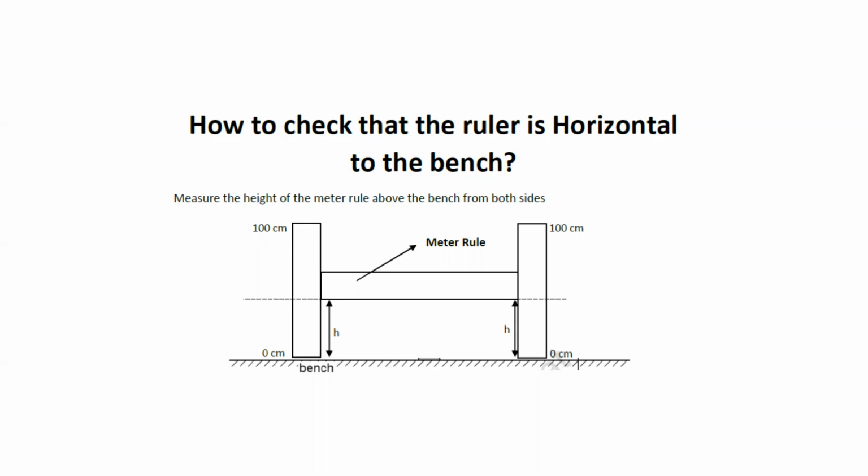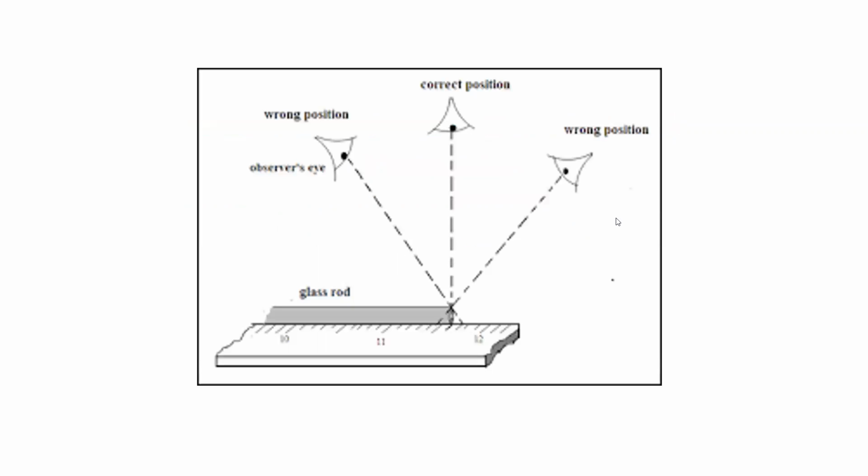But when we are using a meter rule or a meter scale, the position of the eye is very important, and we have to look perpendicular. For example, if three students, A, B and C, are measuring the length of this glass rod, which student is measuring it correctly?